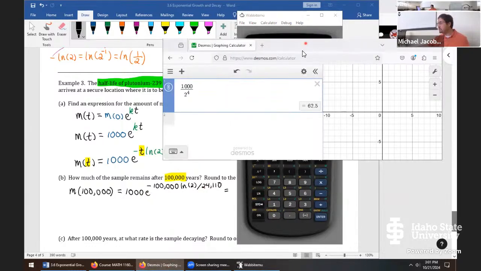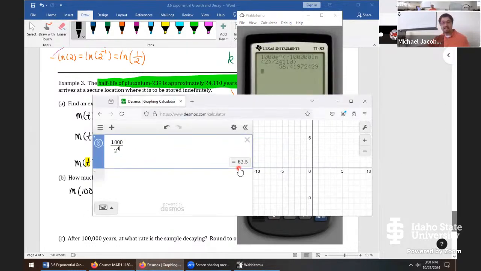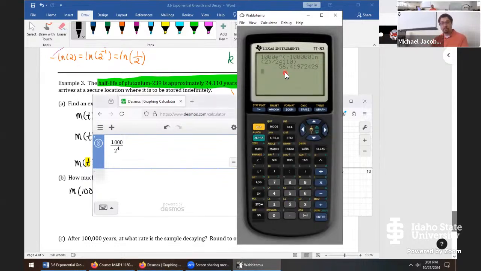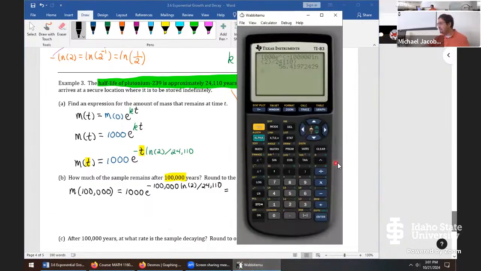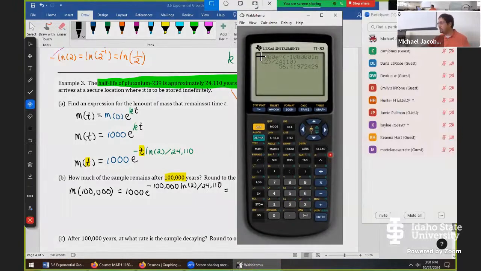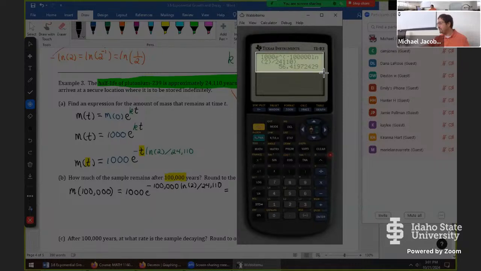Double checking in Desmos, this is our ballpark guess, 62.5 grams. So that's more encouraging. We were expecting a little bit less because more time went by than if we were just dividing by 2 to the power 4. That's not exactly 100,000 years just yet. So let's see, what are we rounding to? Nearest tenth. Well, let's just take a screenshot. That's going to help out a little bit easier, I think.